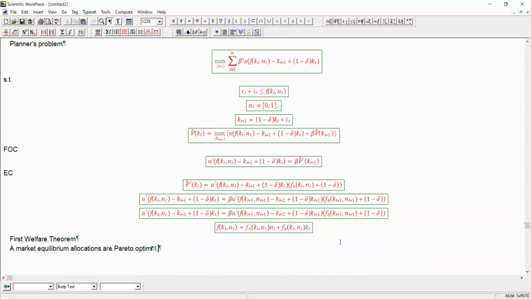There's nothing you can do here to make anyone better off. They're all identical, of course. And so in this context, it means that this is a way of saying that markets are efficiently using resources. There is nothing you can change here that would make anyone better off.